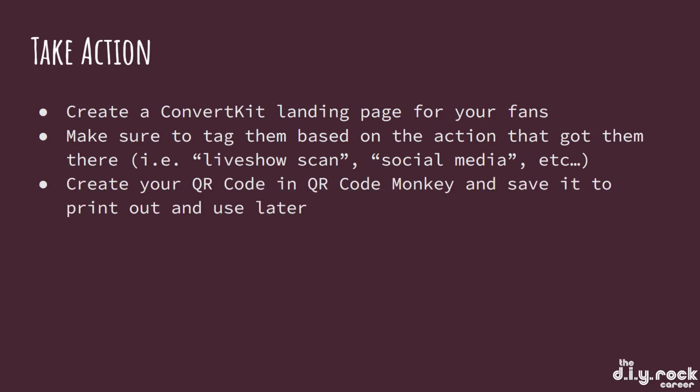Then also create your QR code in QR Code Monkey and save it or print it out and use it later so that people can actually scan it with their phones. You'll also want to save that link and put it in a handy place because you'll be putting it up in things like your Linktree, maybe your website, or using it as a form somewhere later, so just make sure you have that handy as well.